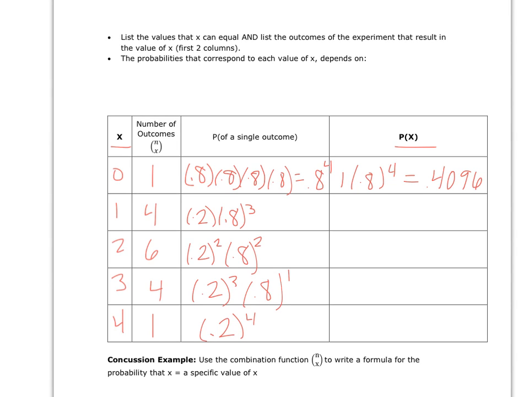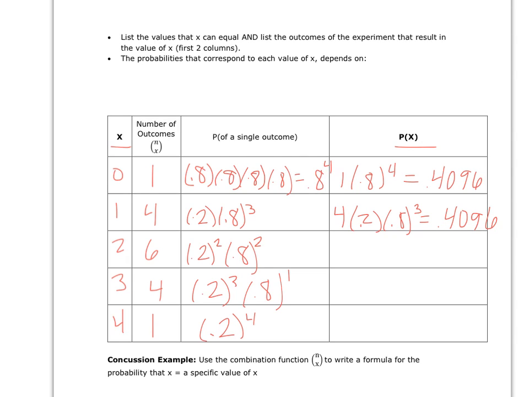Or we can just take that one probability that we came up with and just repeat it 4 times, multiply it by 4. So it's 4 times 0.2 times 0.8 to the third. Yeah, it turns out that gives us probability for 1 of 0.4096 as well.